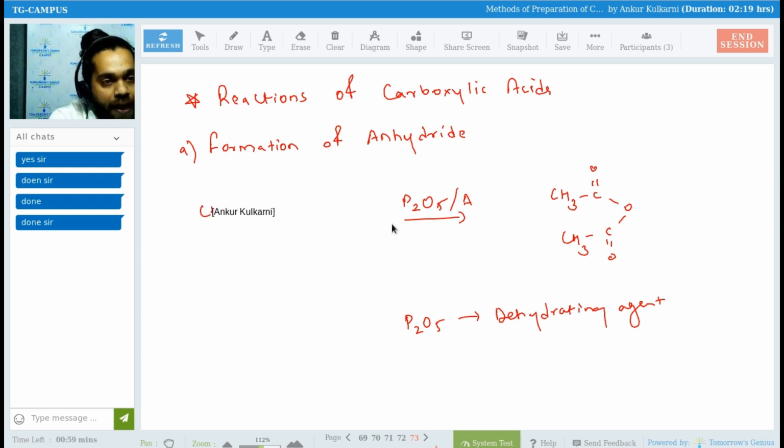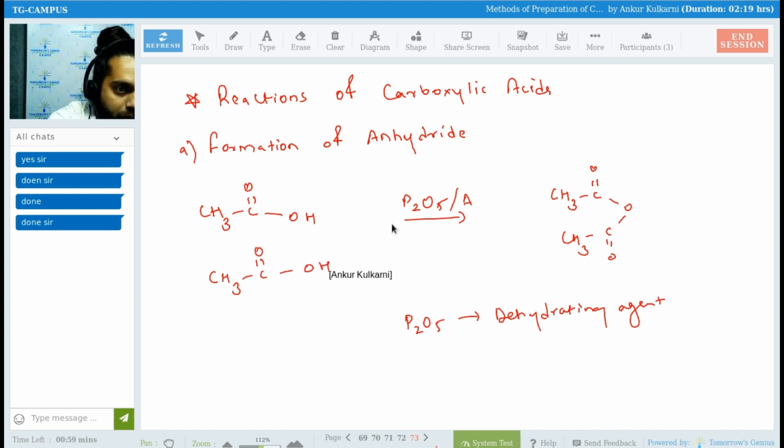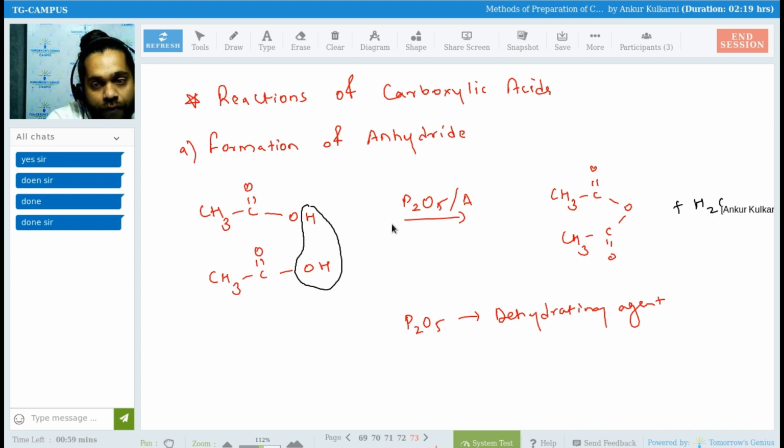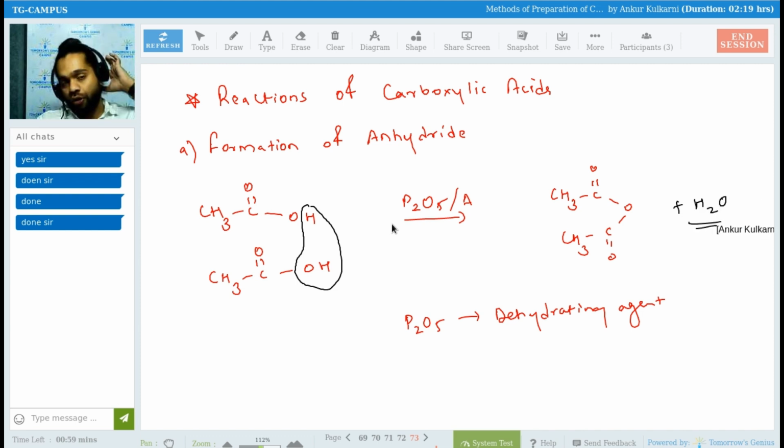So what happens? Suppose I have carboxylic acid. I'll write it like this: OH, CH3. Second molecule of carboxylic acid, OH. With the dehydrating agent, we take away H2O. Remove the water molecule. And what you have got?